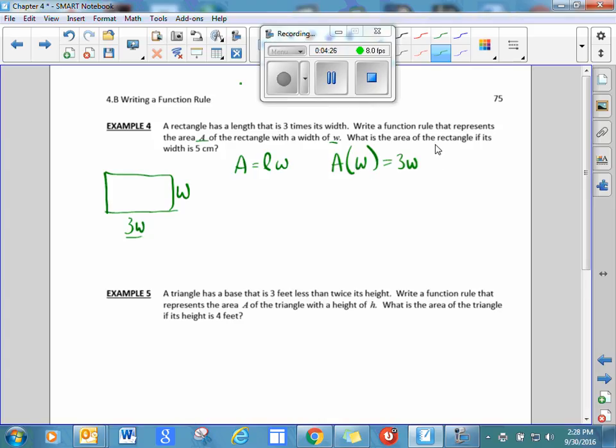So that would be 3W times the width, and we end up with the area as a function of width, 3W to the second power, 3W squared.